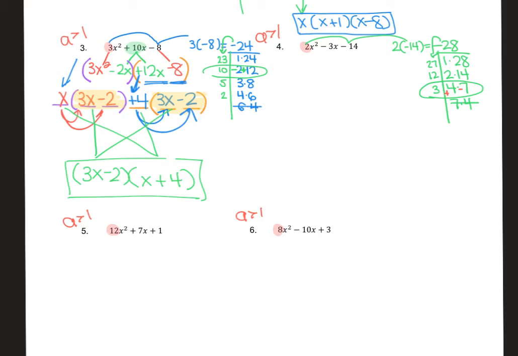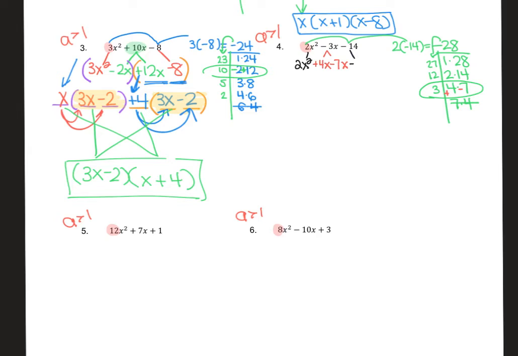So what am I doing with those? I'm splitting my middle term. So I'm going to rewrite the -3x as positive 4x minus 7x. And again, does positive 4x minus 7x equal -3x? Yes, it does. I'm going to bring down the 2x squared.